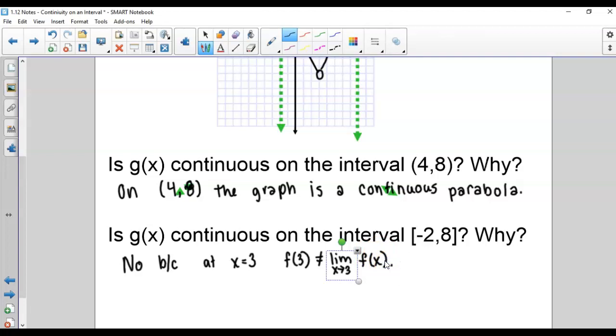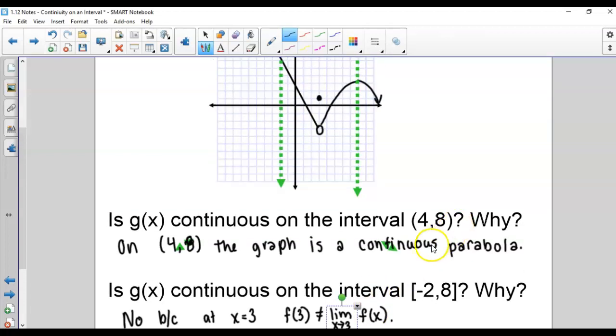So whenever you're thinking of continuity, you've got those 3 things that have to be proven. If you have something like the first one, from 4 to 8, there were no problems, so you can just say it is continuous on all those intervals. We didn't even have anything to really test right there because there were no possible points of discontinuity.